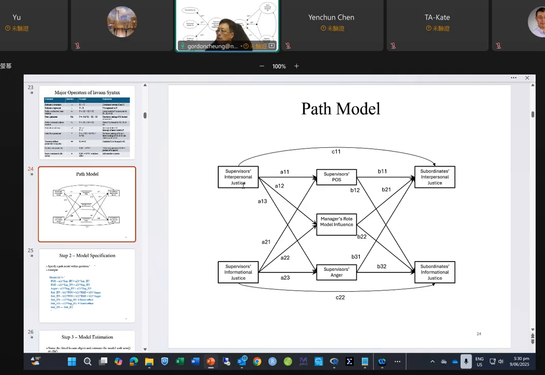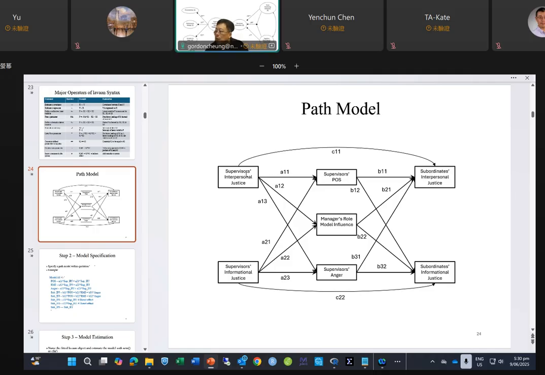Supervisors' interpersonal justice to subordinates' interpersonal justice: how many paths can it go? How can supervisors' interpersonal justice affect subordinates' interpersonal justice? We have the first indirect effect that goes through POS, A11 times B11.